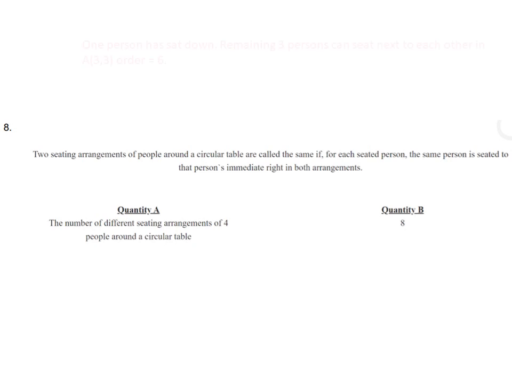Okay, so one person has sat down. Among the 4, 3 remain. So the remaining 3 persons can sit in 3 factorial order. So we'll get 6.